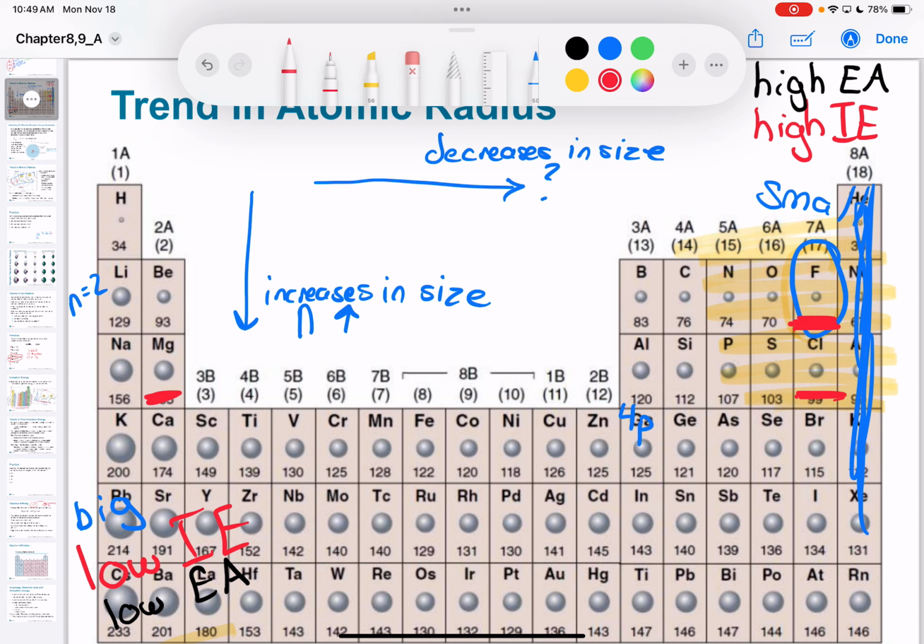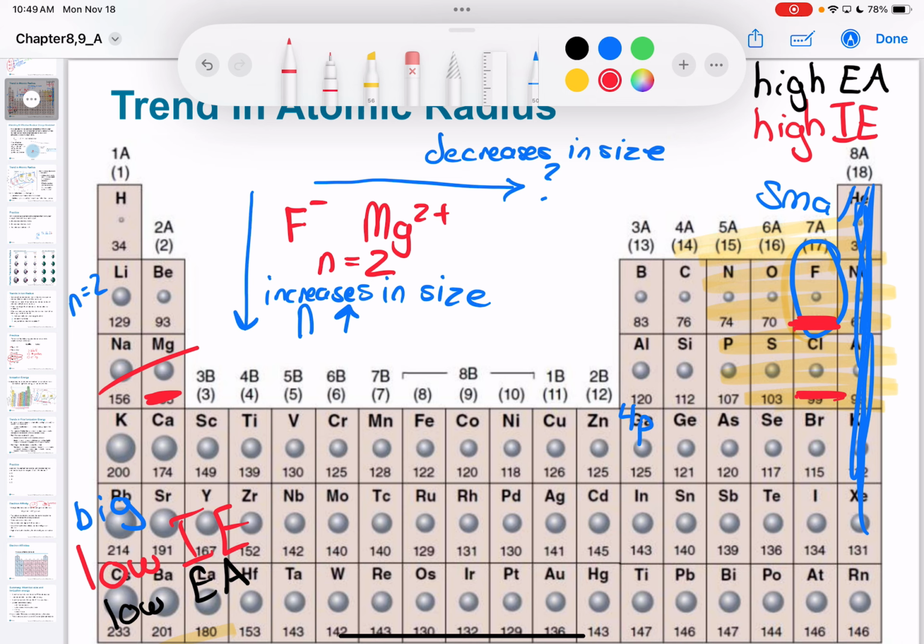Let's do one more. I'm going to make this one up. F minus and Mg2 plus. Okay, Mg2 plus lost both of its n equals 3 electrons. So they are both at n equals 2. But guess what?